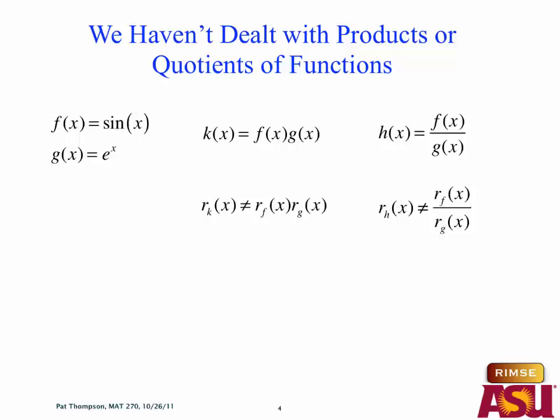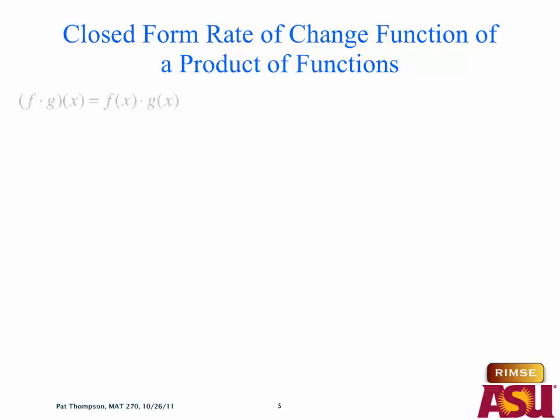So let's talk about what is the rate of change of a product. So here is a product of two functions, f times g. And I'm interested in, let's use prime notation here. That's times, not composite.